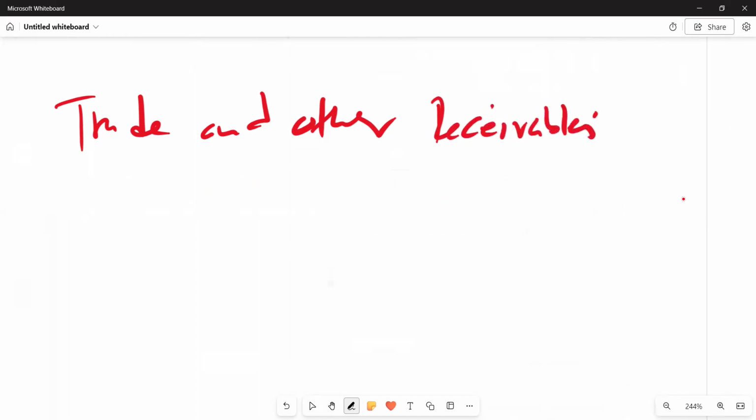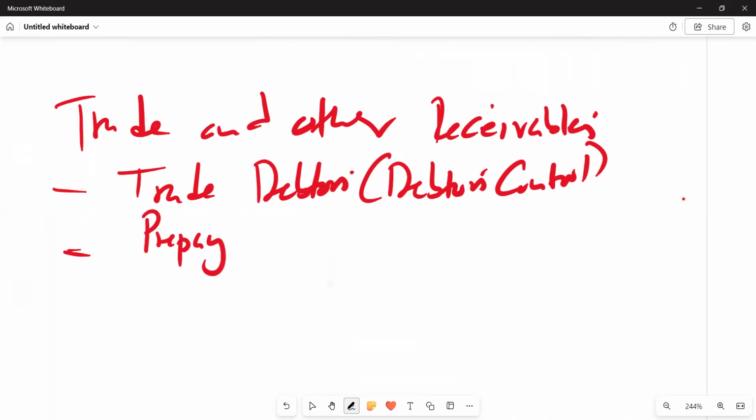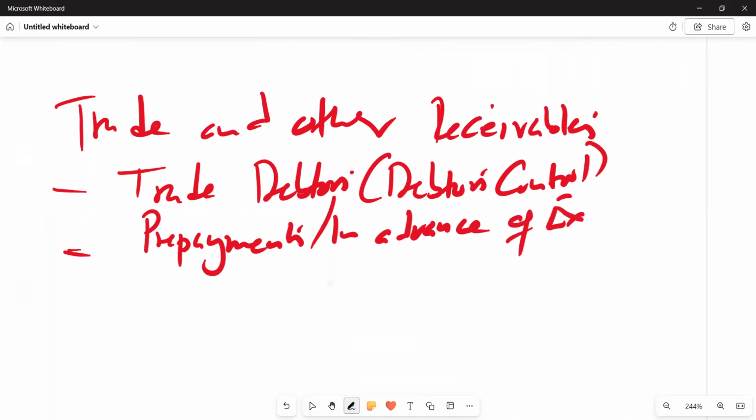You have to look for trade debtors as part of our trade and other receivables, or we are just talking about the debtors control, which means the same thing. And then we also look for prepayments of expenses, that is, expenses paid in advance.